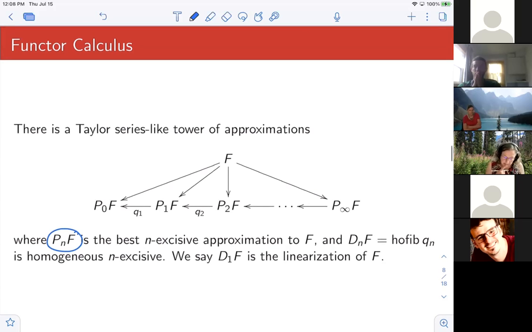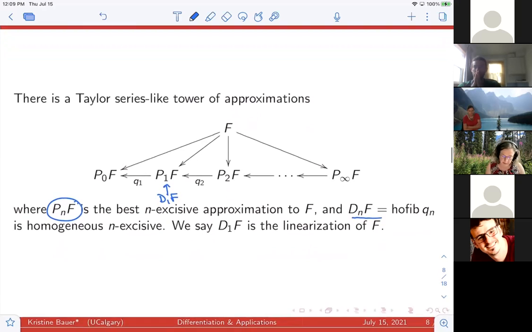And then that property that looks kind of like linearization, where I take a coproduct to a product, well, that's going to be more appropriate for the fiber of these maps Qn between the nth excisive approximation and the n-1st excisive approximation. And in particular, D1, which fits as the fiber of Q1, satisfies exactly that property. It is linear, it takes coproducts to products. And in fact, we say that D1F is the linearization of F.